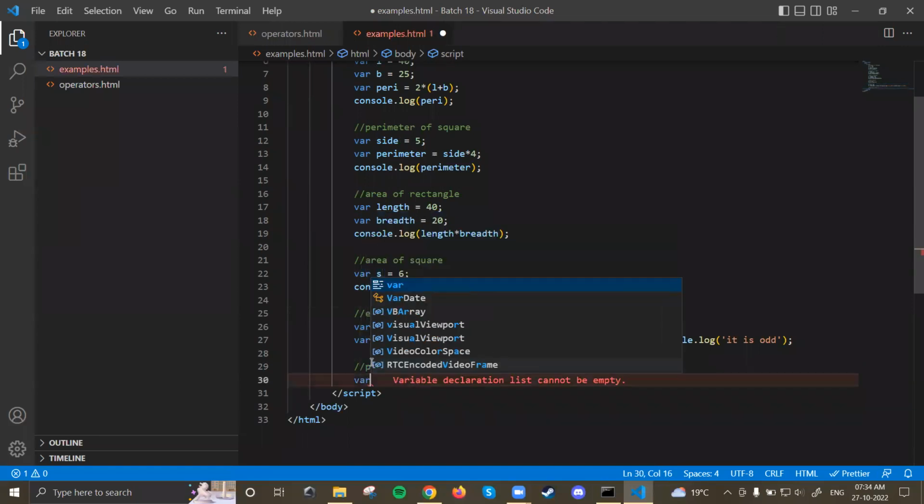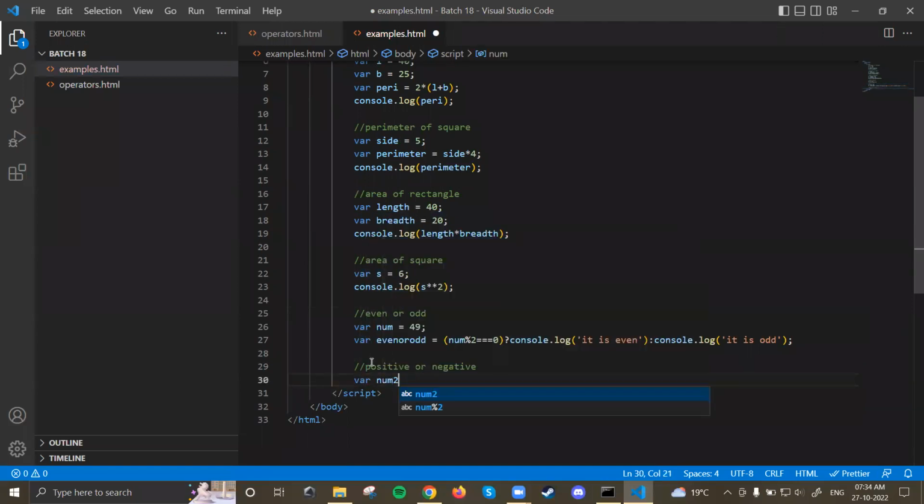So what I'll do, I'll again take another number, num1 is equal to some number, let's say minus 45. Okay, fine. Now I want to check whether this number is positive or negative. Okay, so here actually this part is not needed, this even or odd, because we are not using that variable anywhere, isn't it?